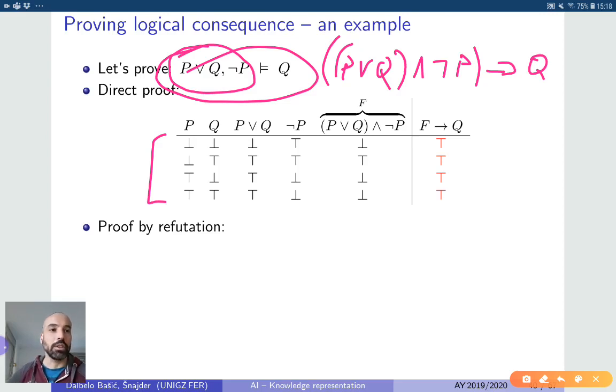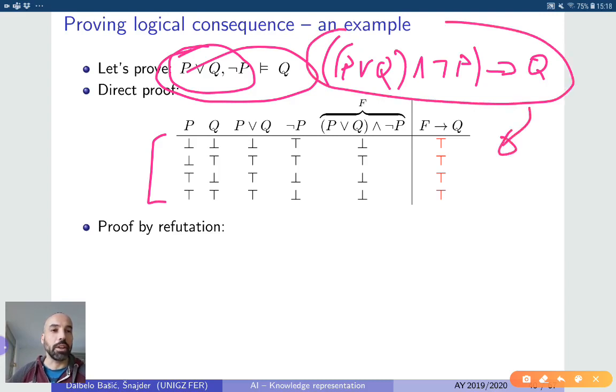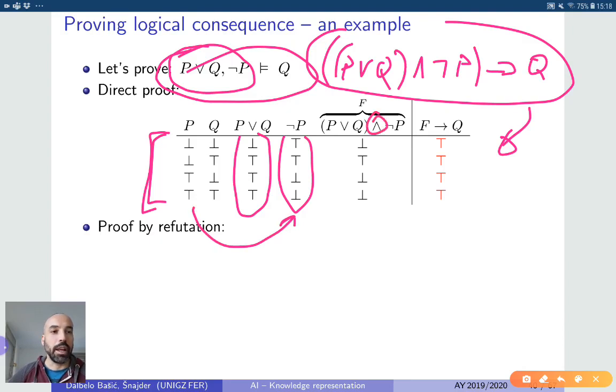And now, in order to show that this formula is valid, I'm actually building the table here. So going through the 4 combinations here, the 4 interpretations, and then evaluating the truth value of the first formula, of the second formula, which is essentially just the negated first column, and then combining them together with an AND operator.